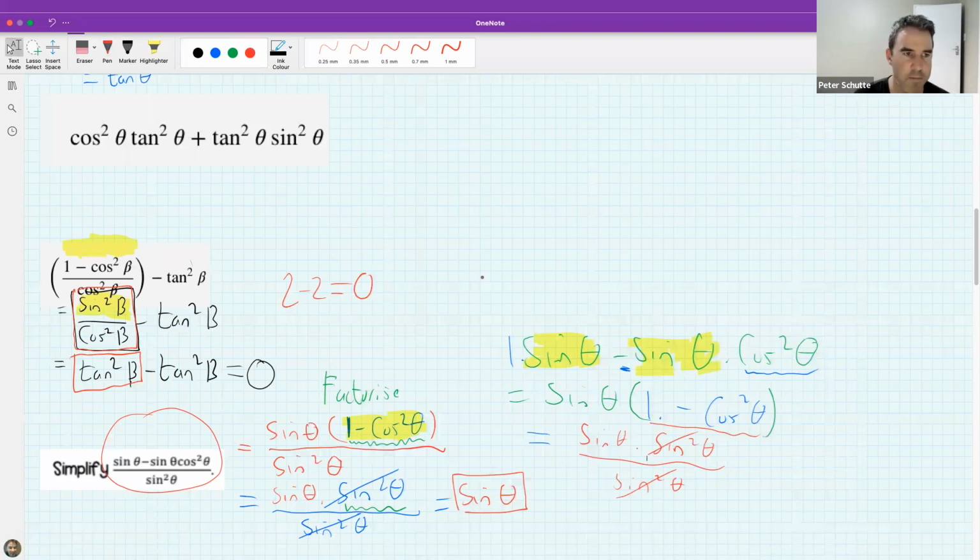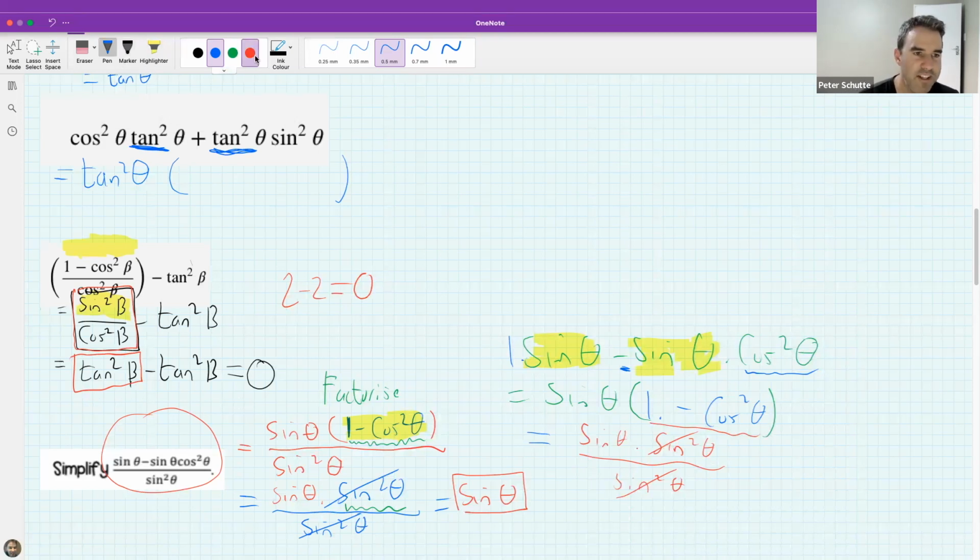Okay, now, what about this one on the top here? I think that a very good idea here is to take out the common factor again. It's not the only way you could get the answer, but I think I would do the same thing because there's a tan squared theta and a tan squared theta here and there.